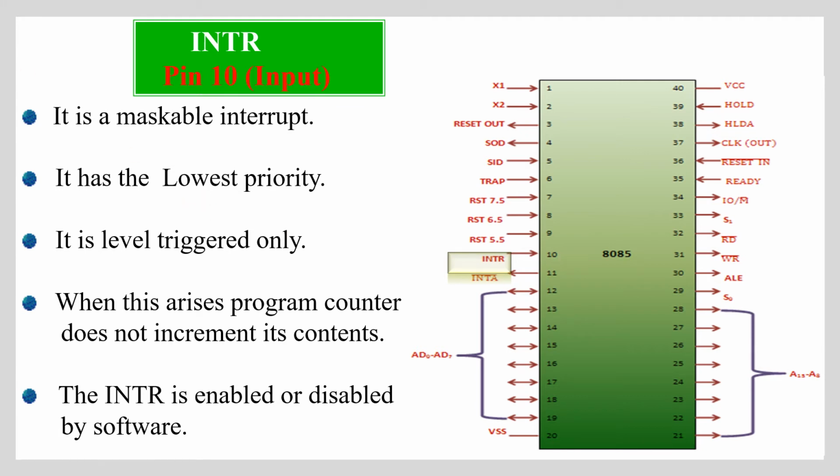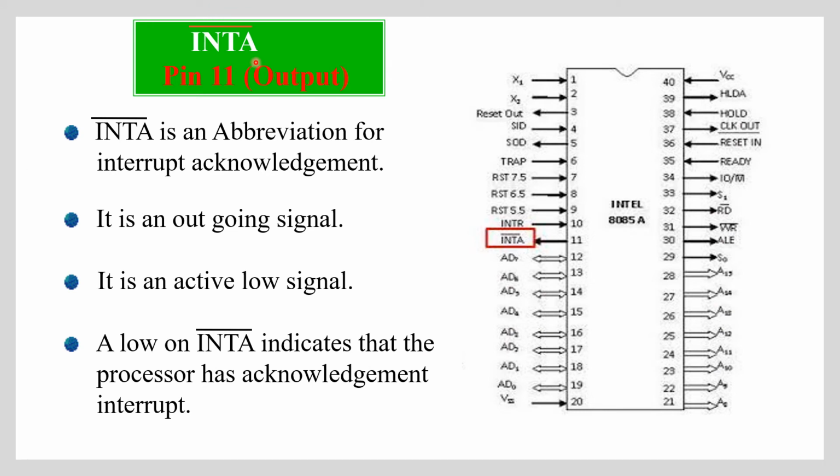Okay. Now the next pin, INTA bar. It has the complement bar, and this bar indicates that it is active low. So when the pin receives a 0 or low signal, it is activated, that means an active low signal.